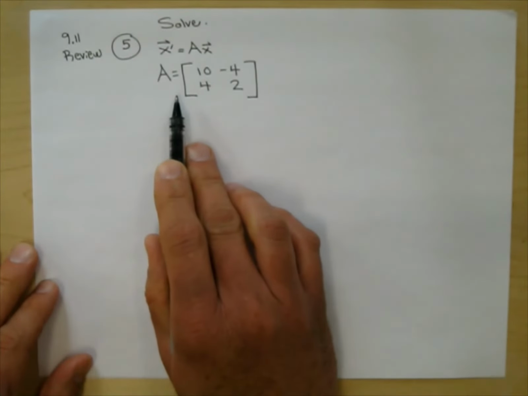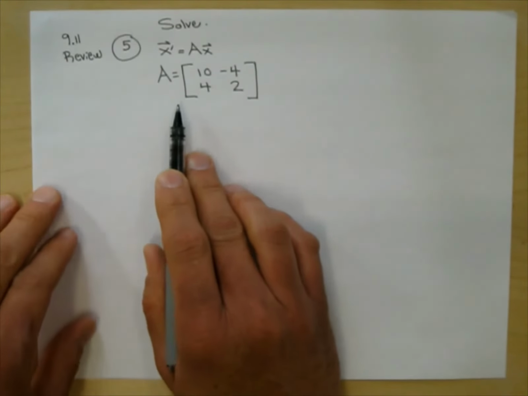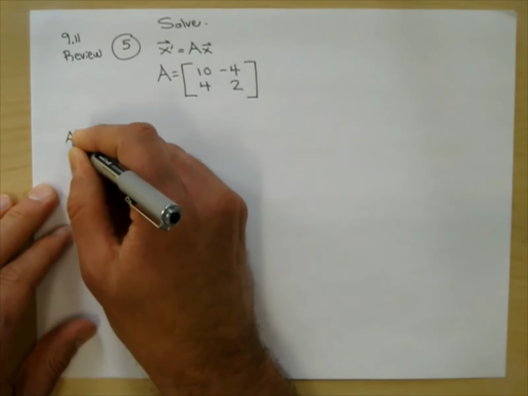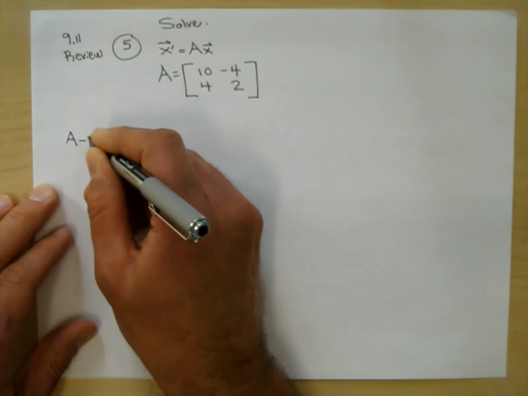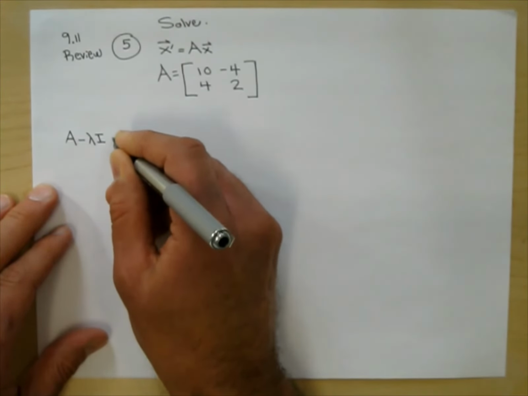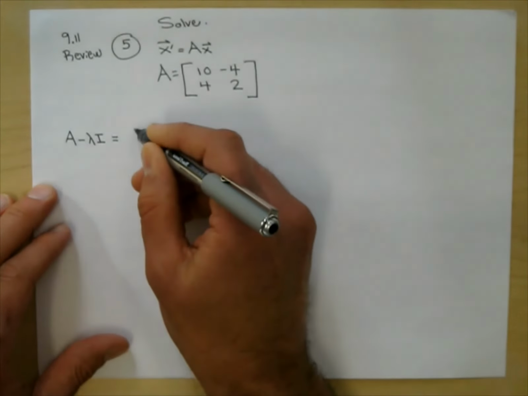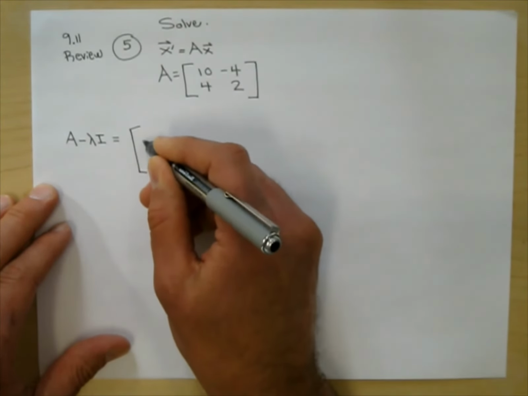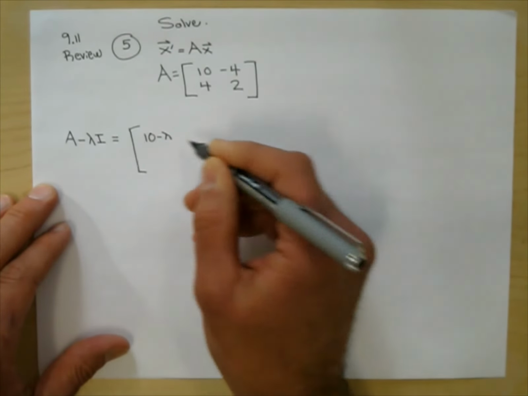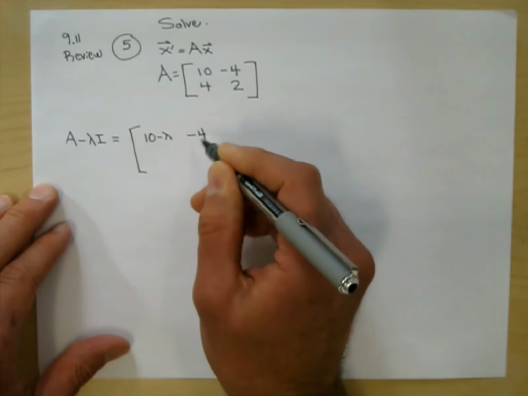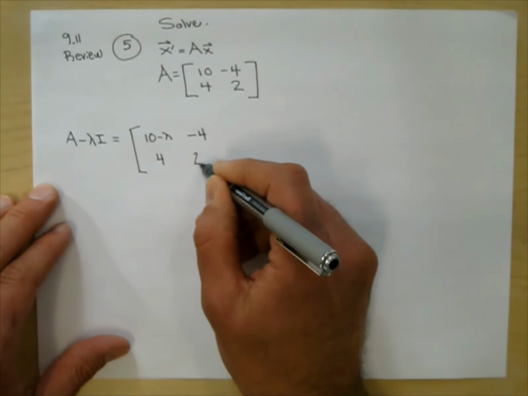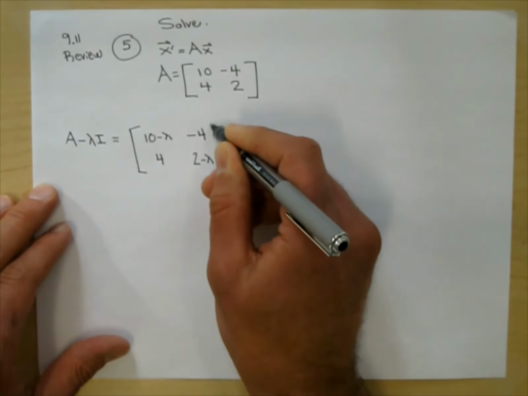The first thing that I want to do is find A minus lambda I. A minus lambda I is going to be 10 minus lambda, negative 4, 4, and then we have 2 minus lambda.